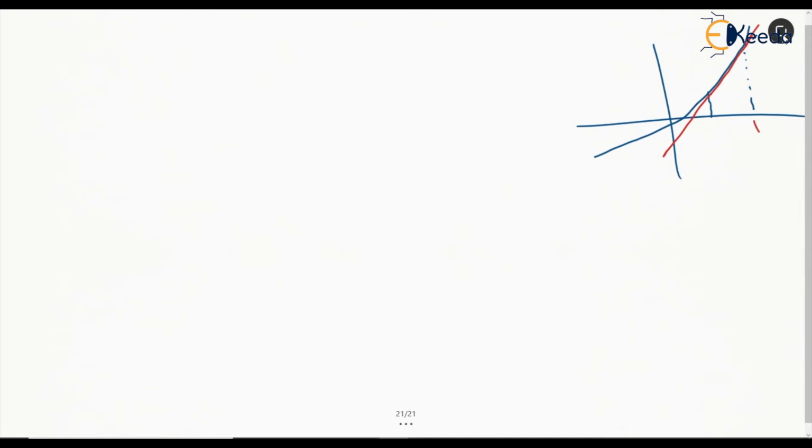So let's say this is xn, this is xn minus 1. Then we join the function values at these positions, and extending this line, the point where it crosses the x-axis is xn plus 1, which is the new estimate for this function.